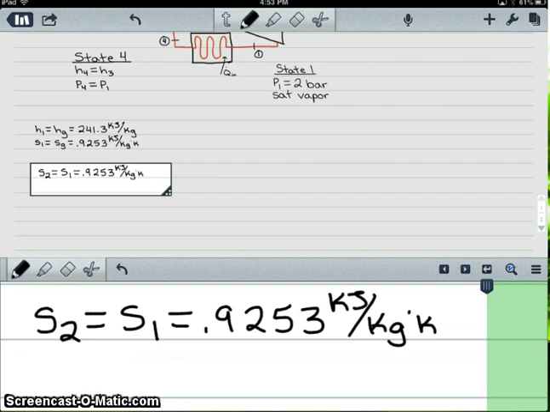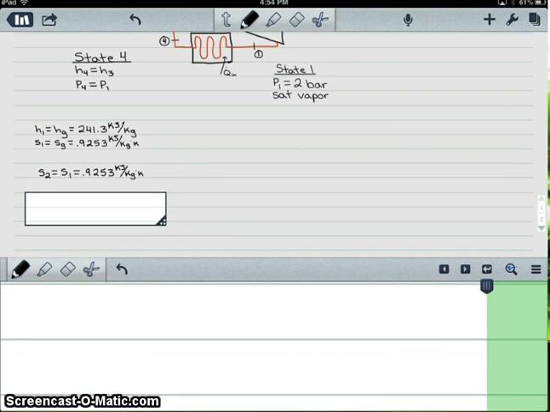Now, by interpolation of the superheated R134a table A-12 at 8 bar, we can find the enthalpy of state 2. So we go down, and these are the values we use for interpolation from the table.